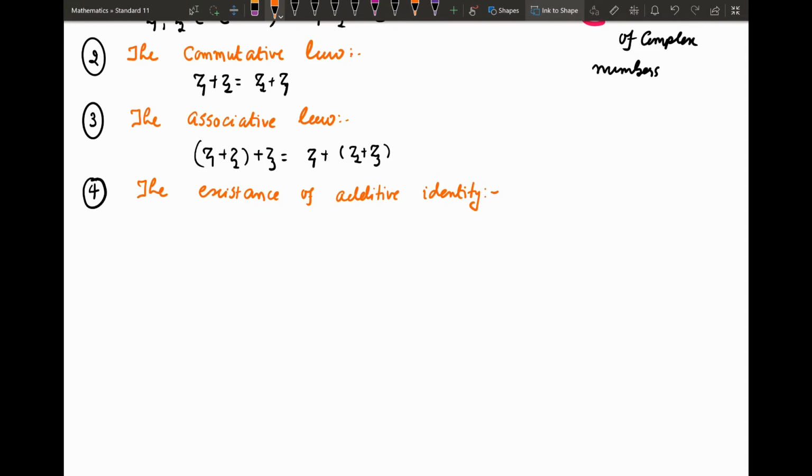For any complex number, there exists a complex number which we denote as 0, called the additive identity, or zero complex number.